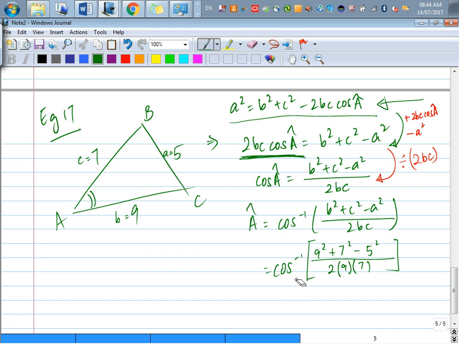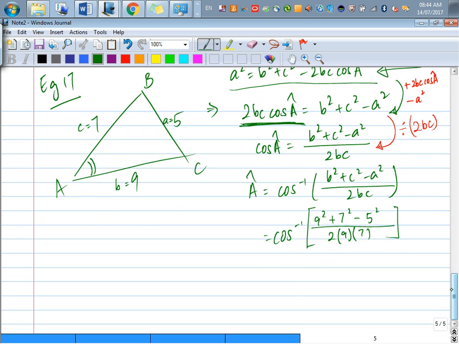So now, use your calculator again. Key in everything carefully. 0.557, cosine inverse, degrees. So that is 33.6 degrees, rounded off. Okay?